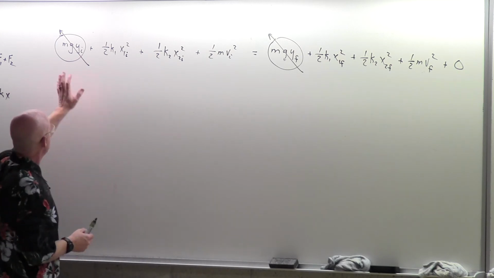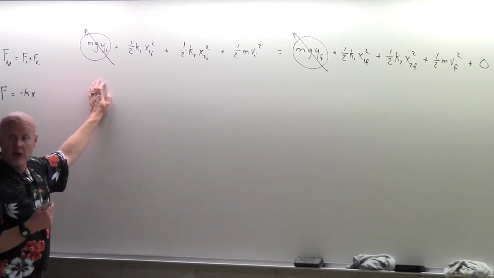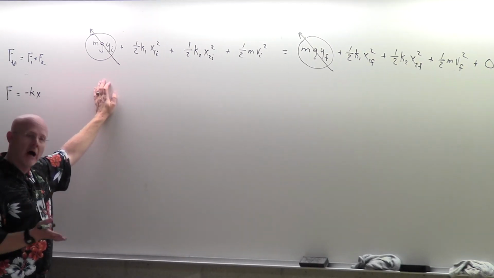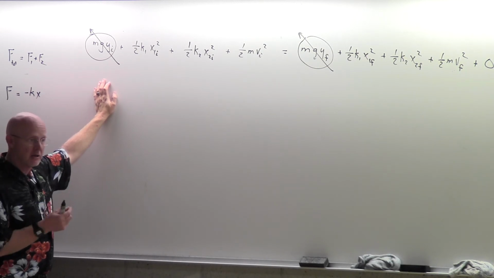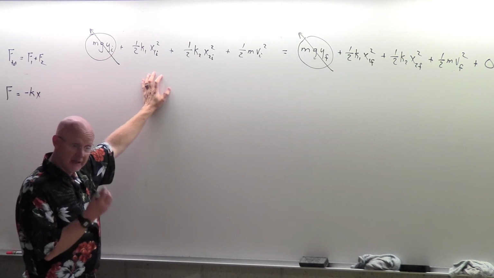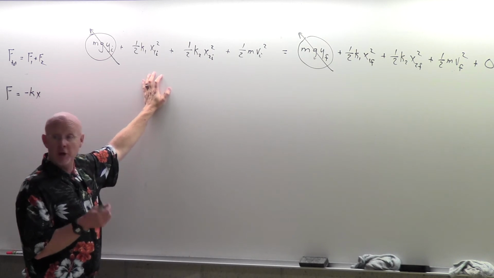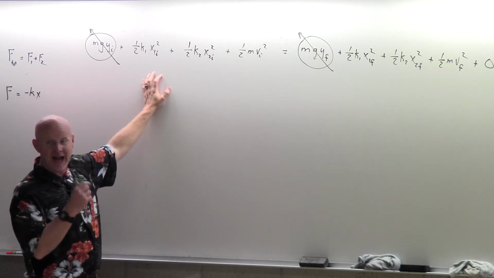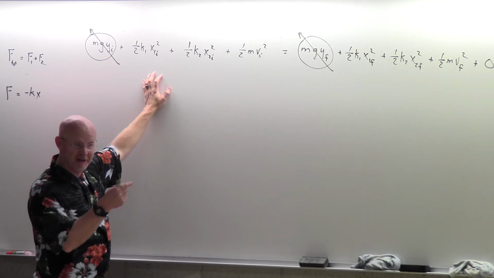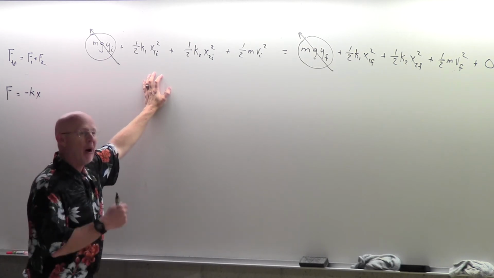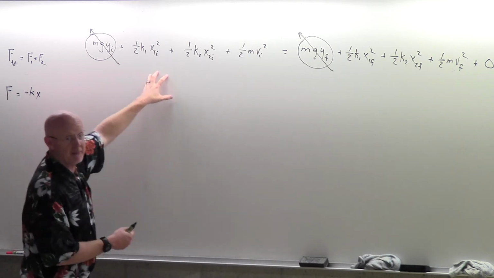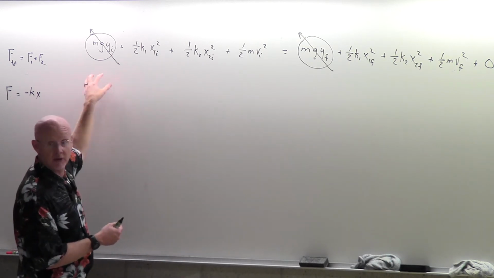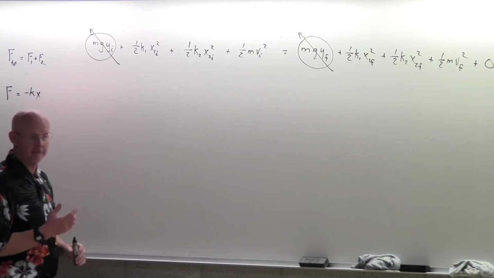For the gravitational potential energy, the direction of up being positive has been chosen, but the origin has not. But for the springs, the origin of x equals 0 has been chosen as the natural length of the spring, but the direction has not been chosen for us. And so we got to be careful on these two. They're easy to mix back and forth.